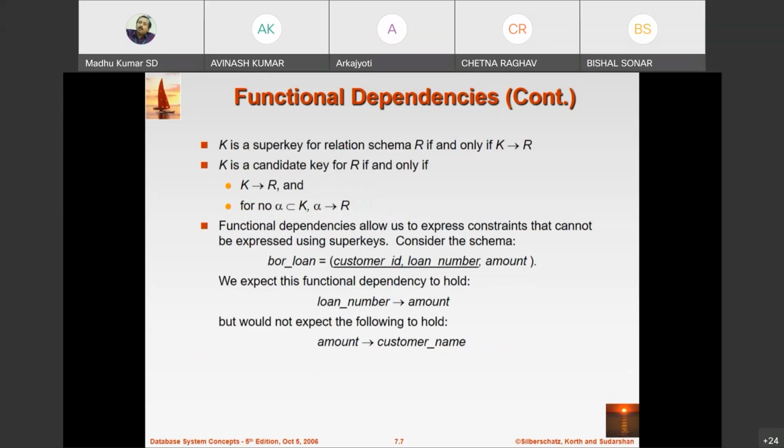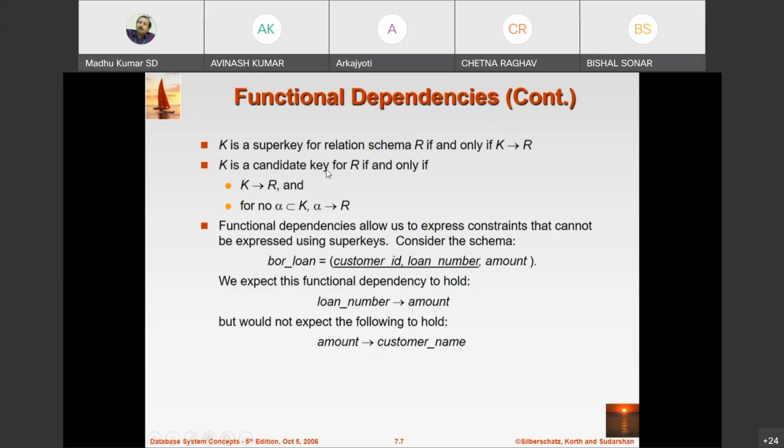So functional dependencies going further, we can see that there is something called full functional dependency and partial functional dependency. All right. So if K is a super key of a relation schema R, it is called a super key if and only if K determines R. That means it can determine the whole relation schema.